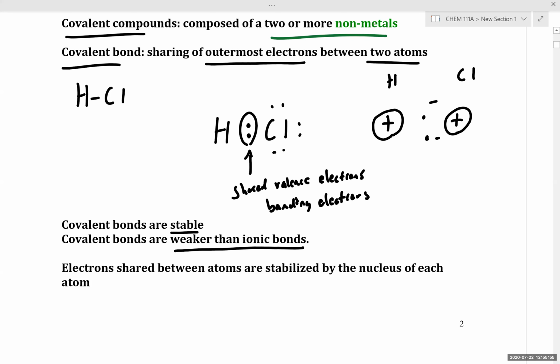Ionic bonds are substantially stronger than covalent bonds because this electrostatic interaction in an ionic bond is substantially more stable. That's why covalent compounds typically melt at relatively low temperatures.